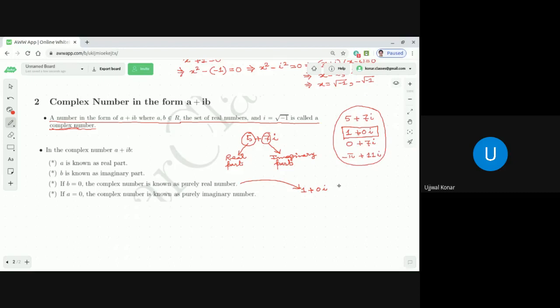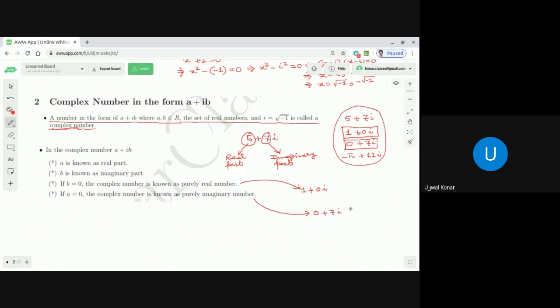And if a is equal to 0, the complex number is known as a purely imaginary number. One example we have seen is 0 plus 7 into i.